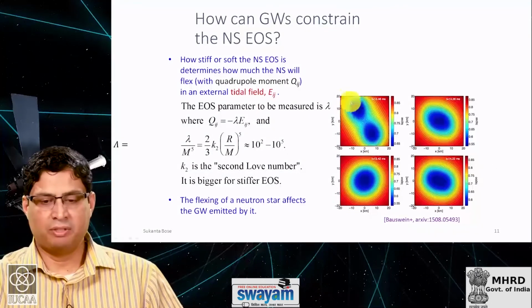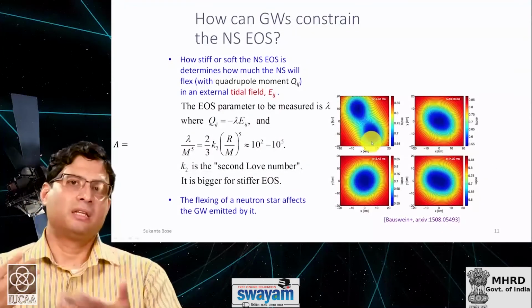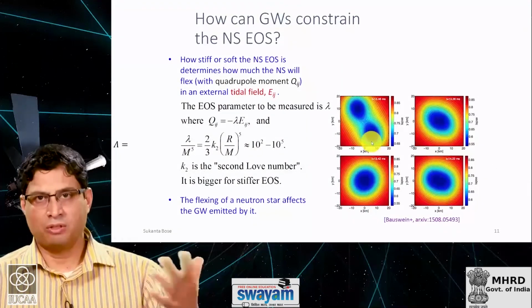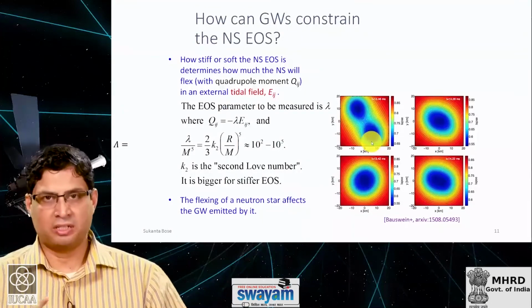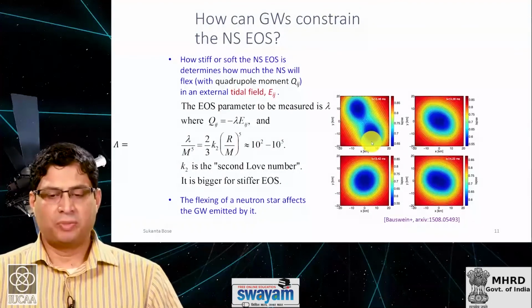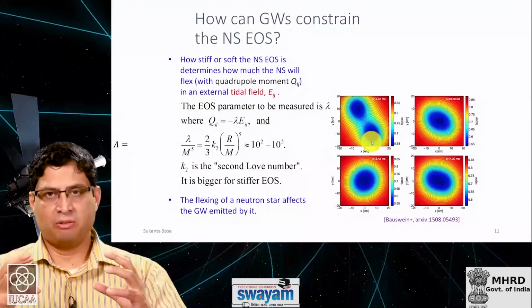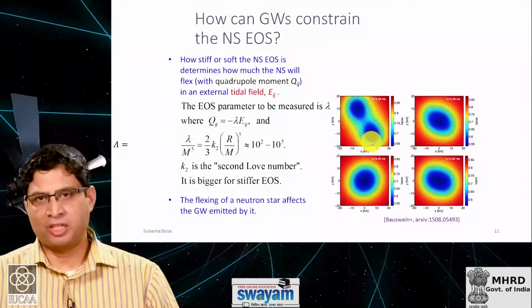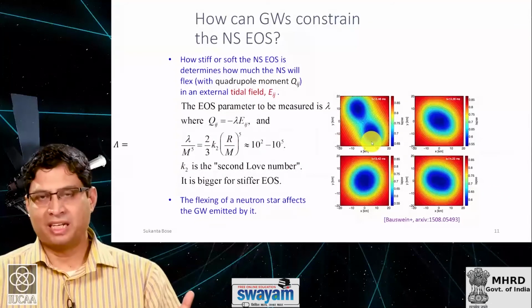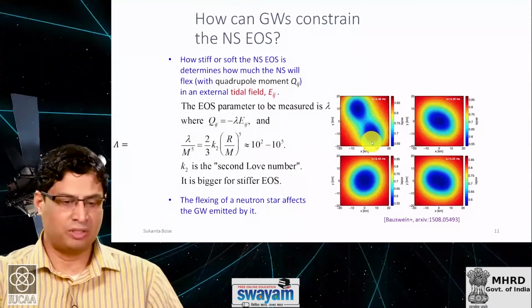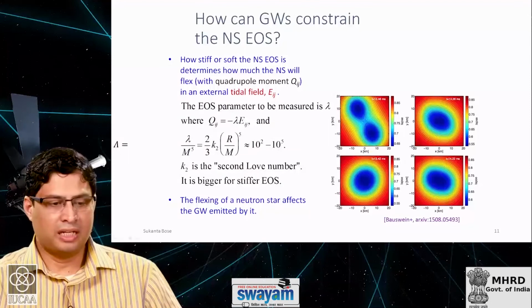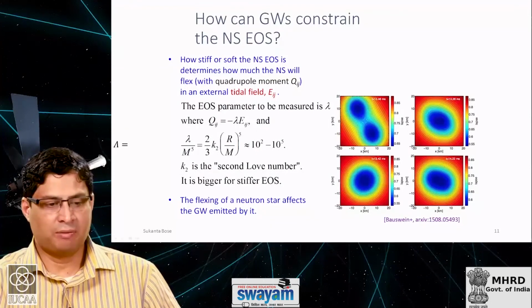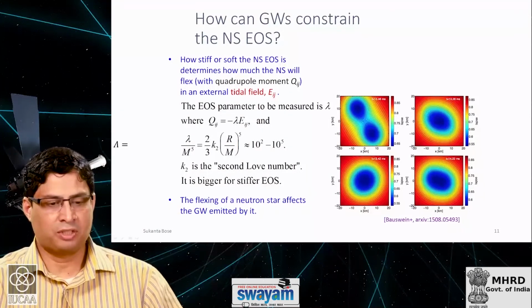So, because of that, even neutron stars in the company of other black holes or neutron stars or other companion stars can get tidally deformed. When the 2 neutron stars are very close to each other, their tidal fields are very strong. So, the deformations are as strong as you can hope for before maybe they get disrupted and then eventually merge. So, the tidal deformability, this big lambda, which is expressed in terms of, actually let me just backtrack.